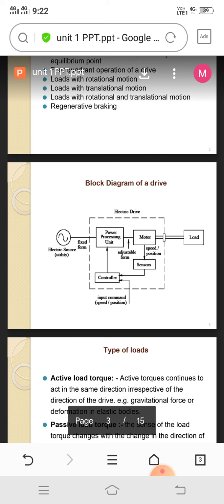SCR can be used for medium power and high power applications. IGBT and MOSFET, both switches are applicable for medium power and high power applications. So these three switches are mainly used for solid state or power electronics applications.